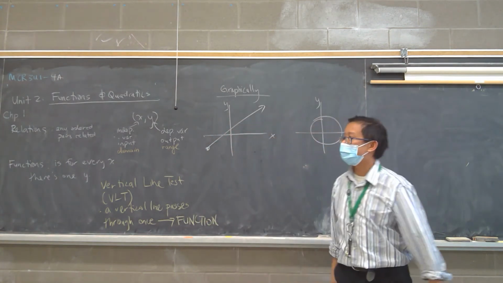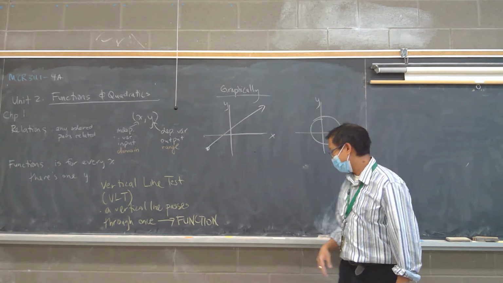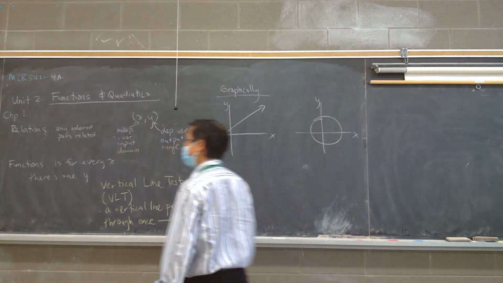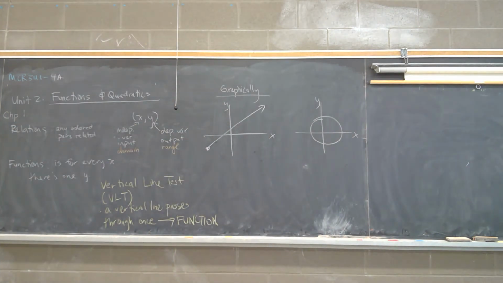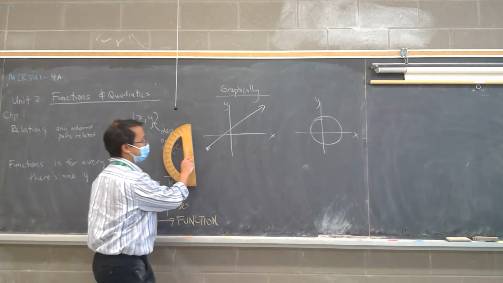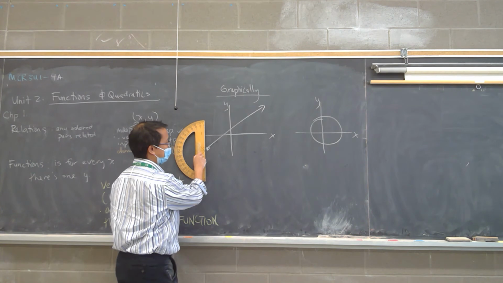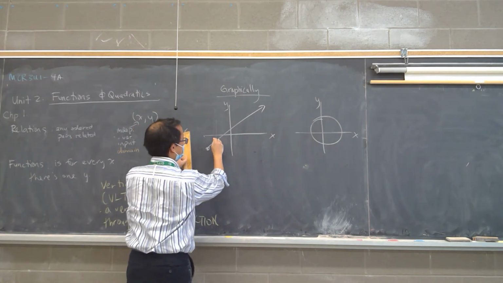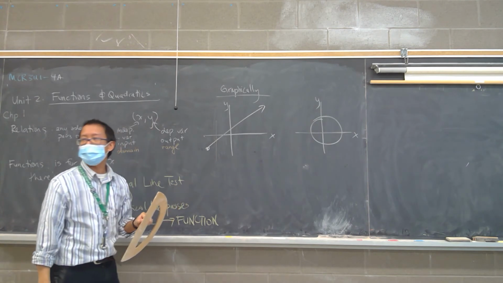And so in this example, notice this is a straight line. Hopefully, I don't have my ruler anymore, so we'll use my protractor. If you go from left to right or right to left, it doesn't matter. Notice there's nothing here, but oh, it crosses right there, right? So the vertical line crosses there. It only crosses once.